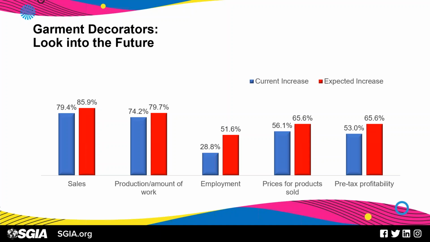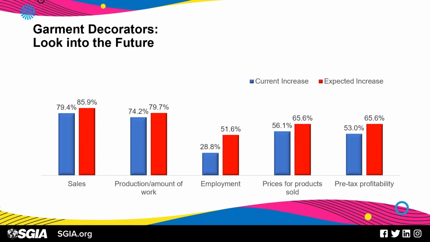They have the highest numbers, and their look into the future is even better. So if 79.4% of the companies had an increase in sales during the current year, 85.9% expect this increase in the future. For production, the current is 74.2 and the expected 79.7.